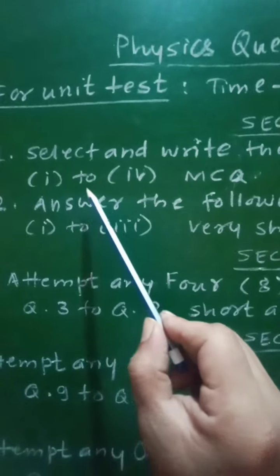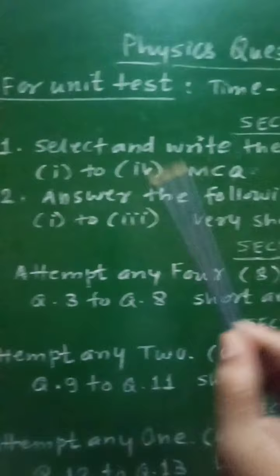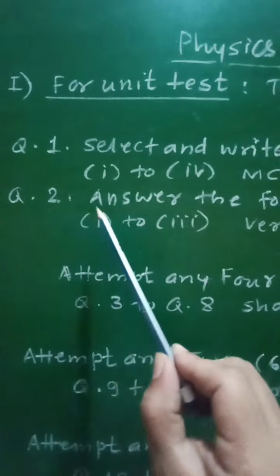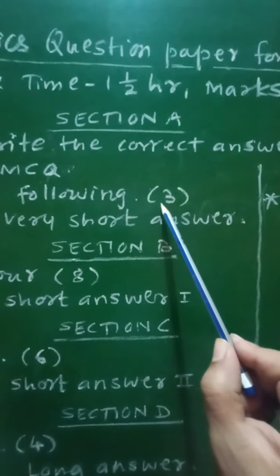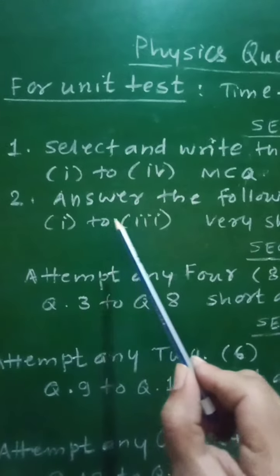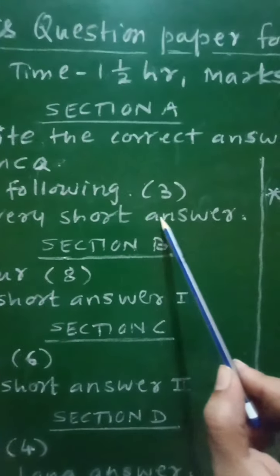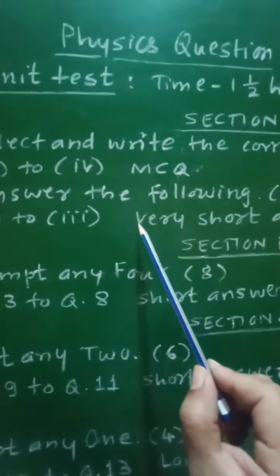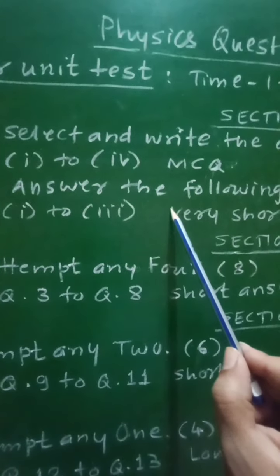Then question number 2 will be answer the following, which will carry 3 marks. In this there will be 3 sub questions and they will be very short answer questions.